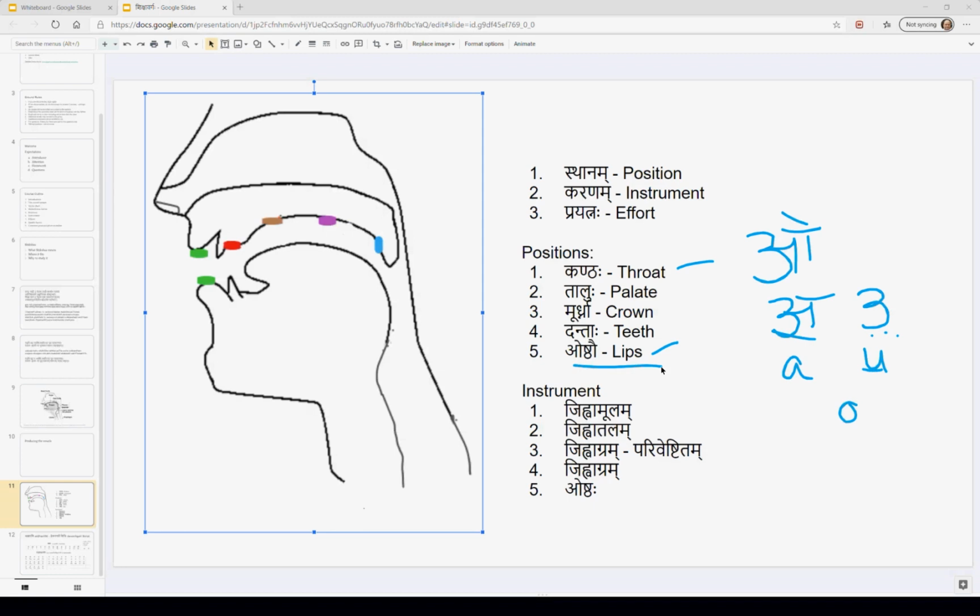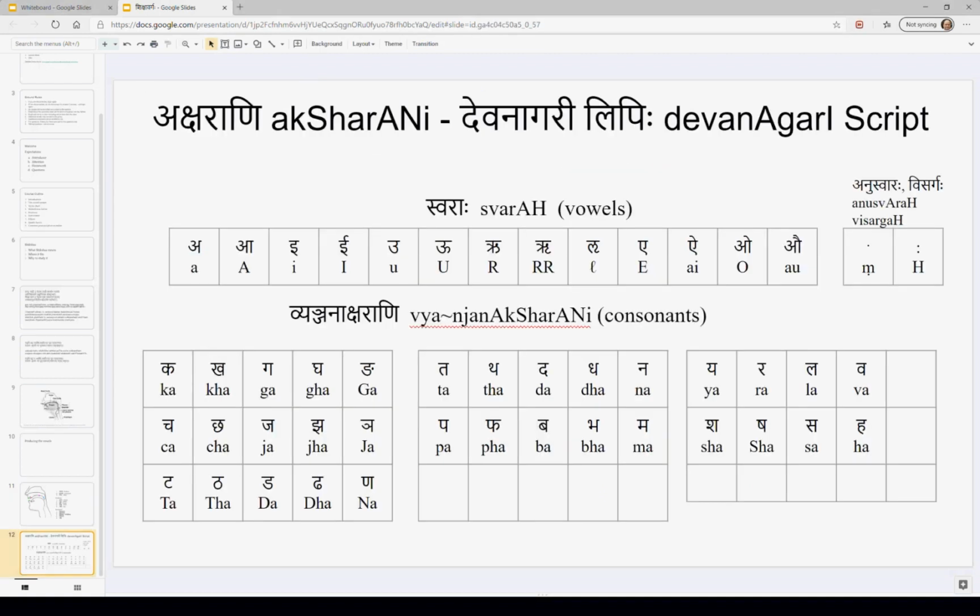The position of air restriction is Kantoshta, a combination of throat and lips. Same thing with Au, Kantoshta, throat and lips, just a combination of two.